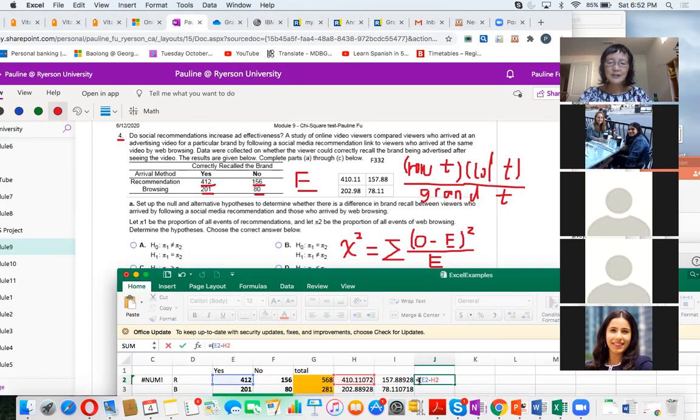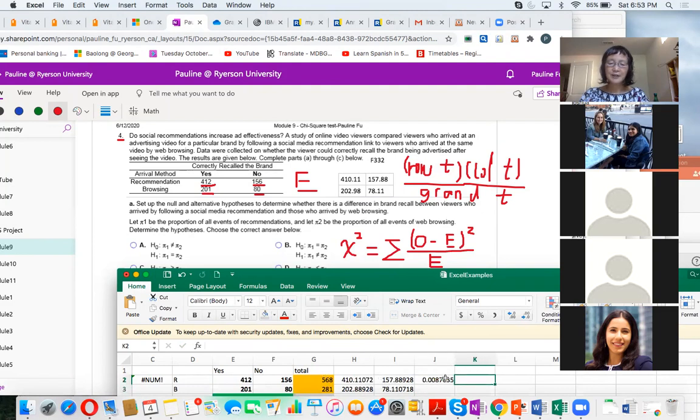And then you need to square it, and then divide by E. This result is a chi-square value, not chi-square test. Okay, chi-square value. Then you repeat yourself.